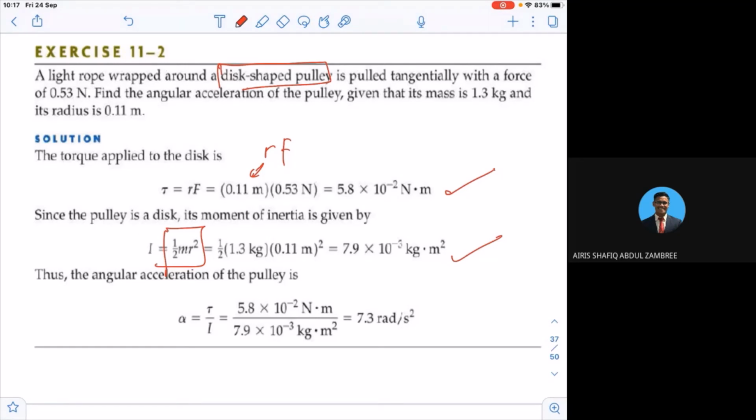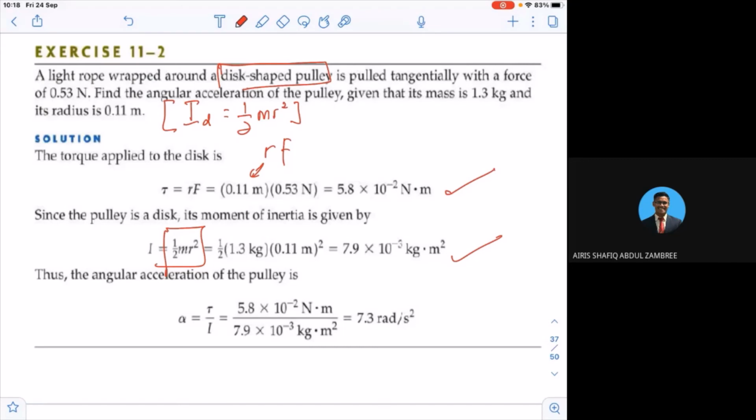Of course it is not stated in the question, but normally in our practice they will put that moment of inertia equation, or maybe they will give it in the appendix, so don't worry about the other equations. Half m r squared, m is mass, r is the radius.